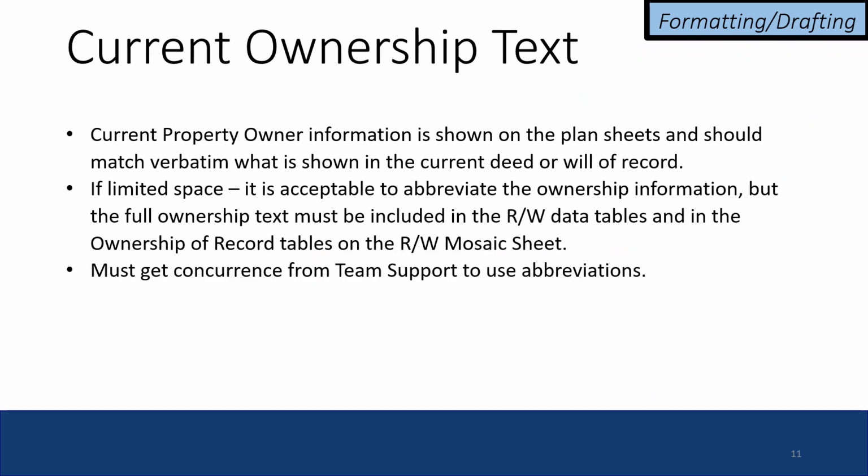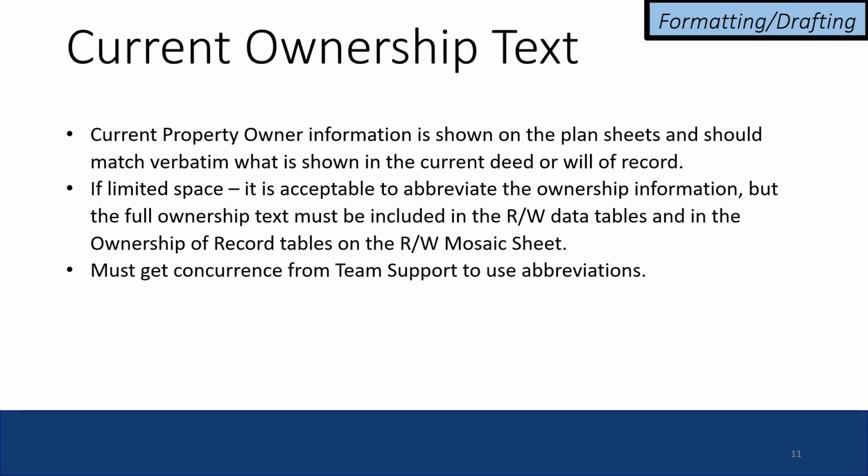The current property owner information that is shown on the plan sheets should match verbatim what is shown in the current deed or will of record. It is understood that there is limited space on the plan sheets, and sometimes the ownership information can be lengthy.